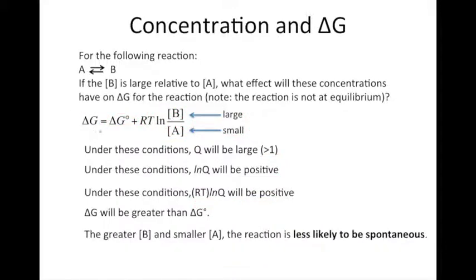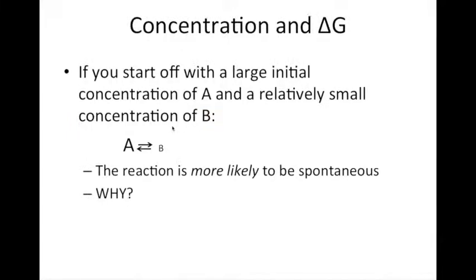And of course, that would give us a reaction that is less likely to be spontaneous. So the more likely this is to be positive, the less likely the reaction is to be spontaneous. Again, be sure you appreciate mathematically why this reaction under these conditions is less likely to be spontaneous.